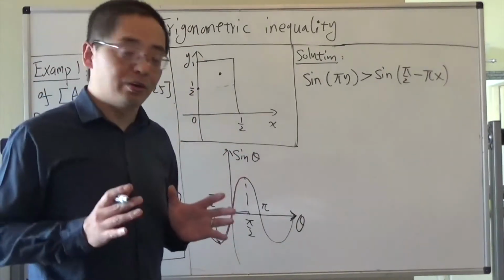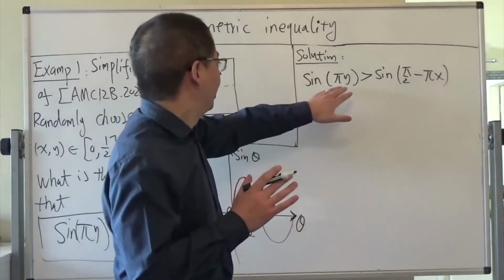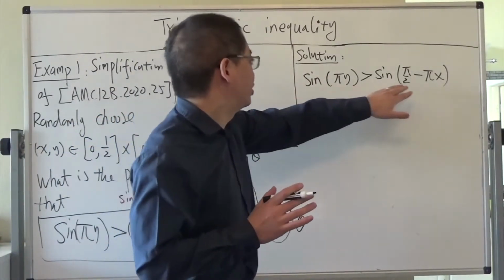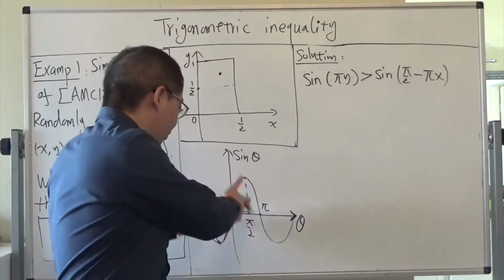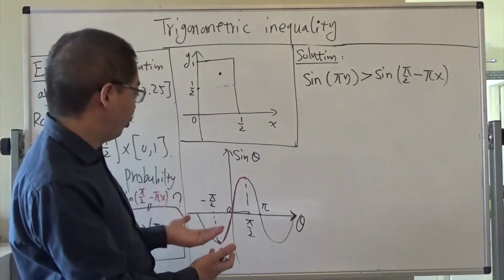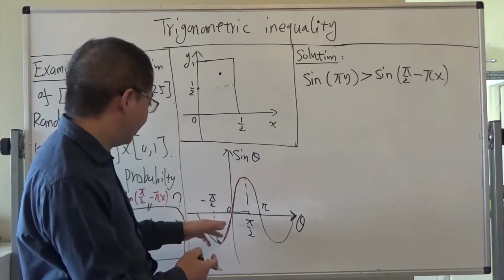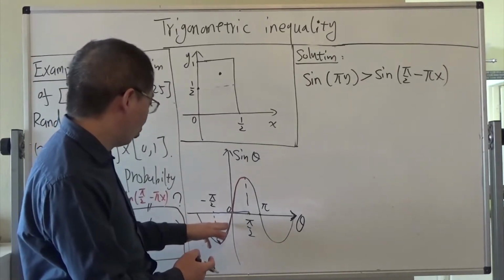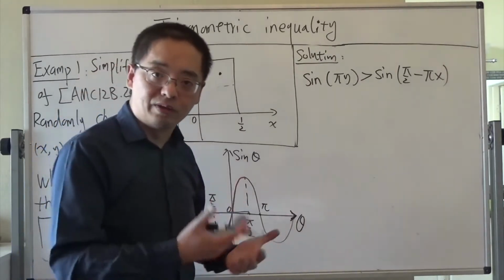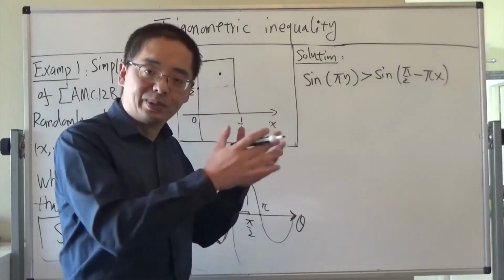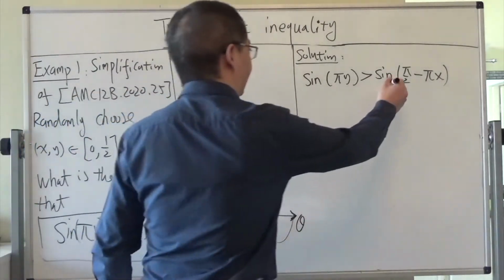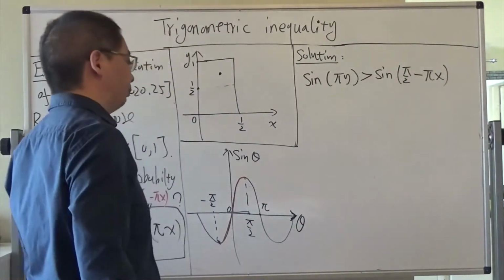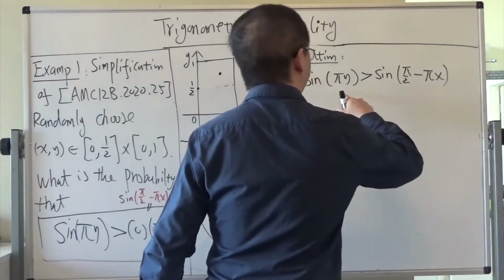Then I want to put the inputs pi y and pi over 2 minus pi x into this region. Then one sine being bigger than the other is equivalent to the input being greater than the other. Now let's check the range of these two inputs.